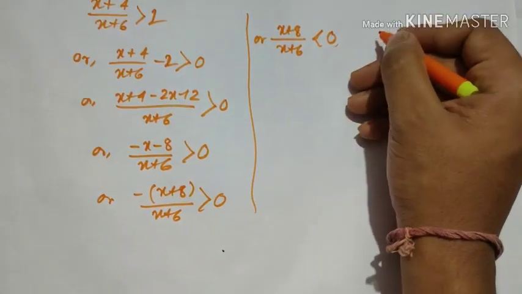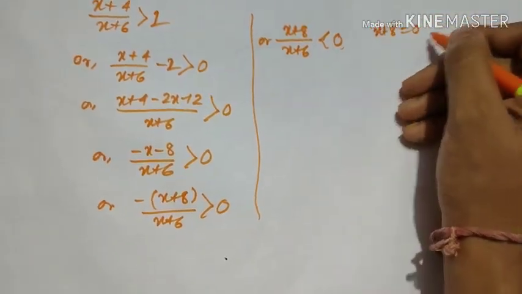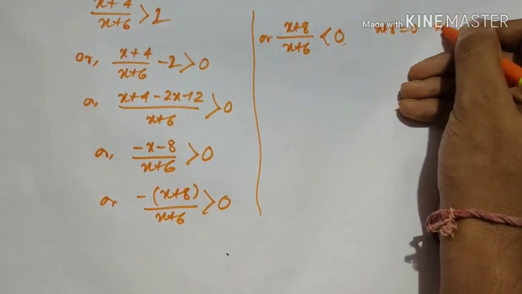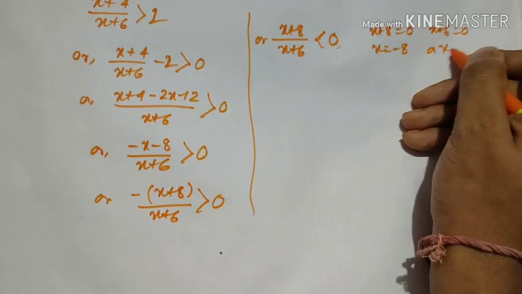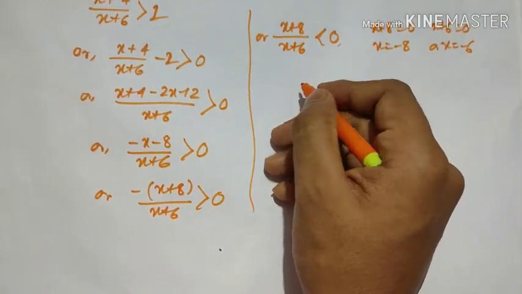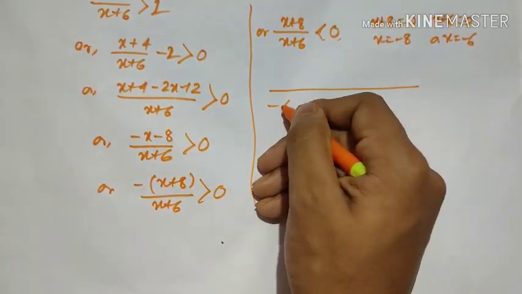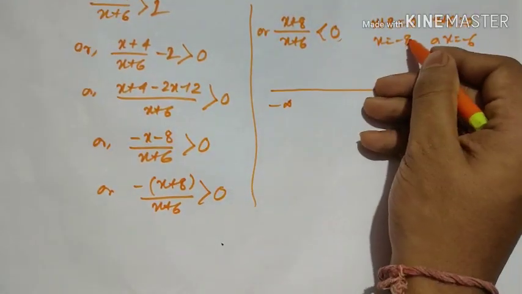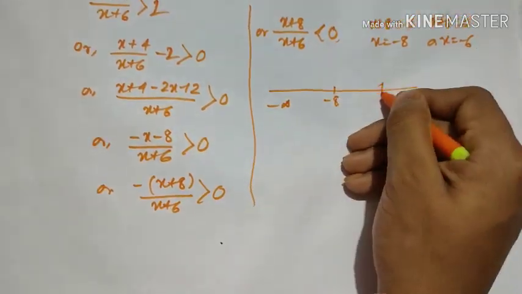In the shortcut we consider the numerator as 0 and the denominator as 0. What we will get: x equal to -8 or x equal to -6. Now if we consider this as a number line, this is minus infinity, this is plus infinity, and we plot these points, this is -8, this is -6.